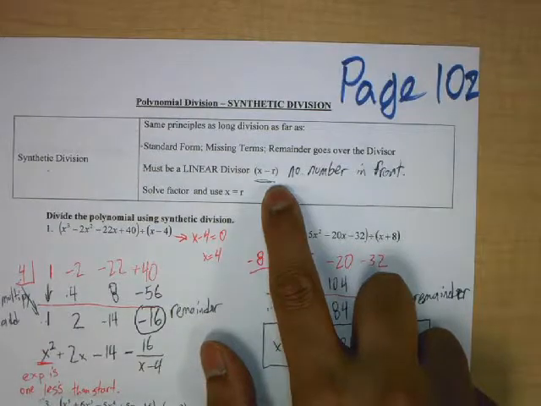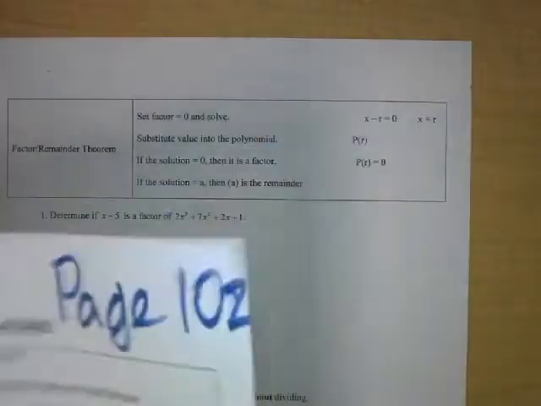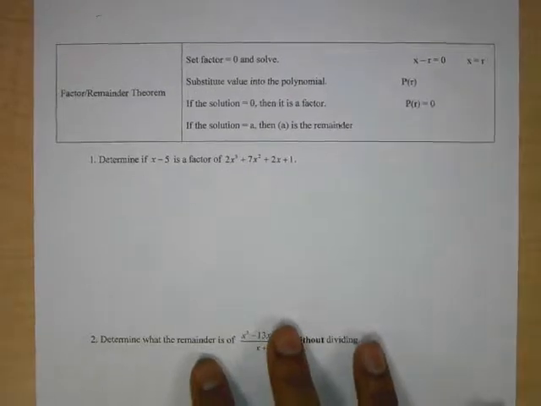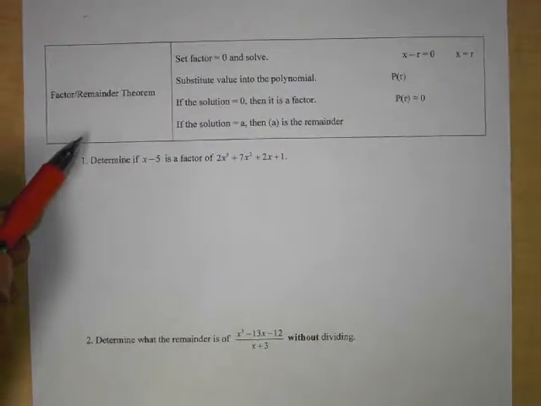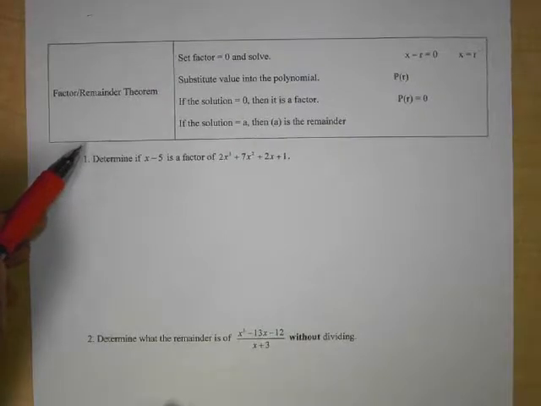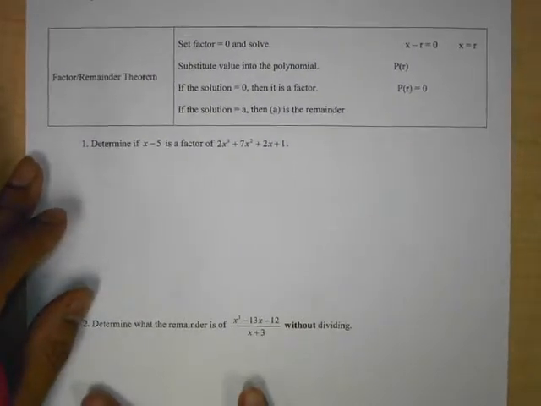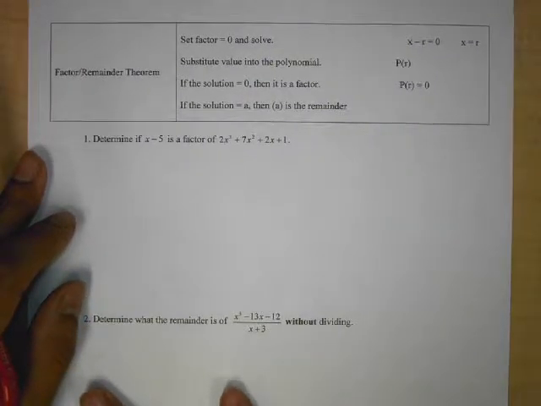So let's see what else we can learn using synthetic division. As we continue down this page, they mention something called the factor and the remainder theorem. What we learn from this is, remember, every factor can give you a 0.